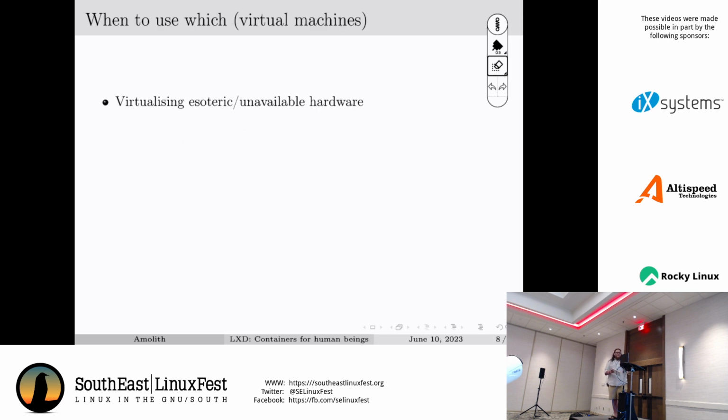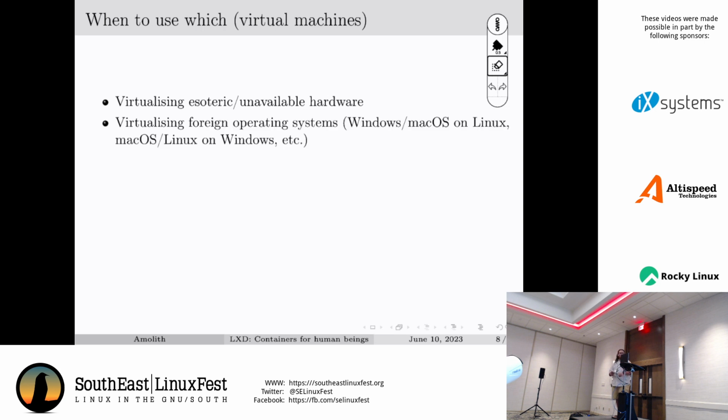So now I'll talk a bit about when I think it's appropriate to use virtual machines. So virtualizing esoteric hardware. You're, for example, writing a kernel, and you want to make sure it works with these weird pieces of hardware that your users say, hey, I want to run this, it doesn't work, I've got these issues. You can virtualize that hardware, debug things, and make sure the drivers work correctly.